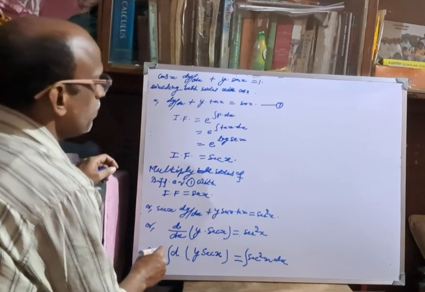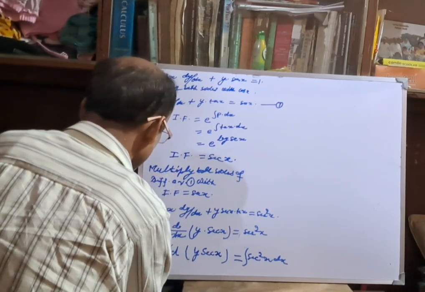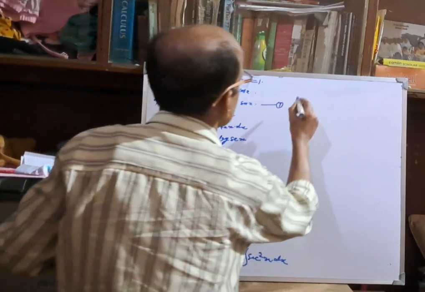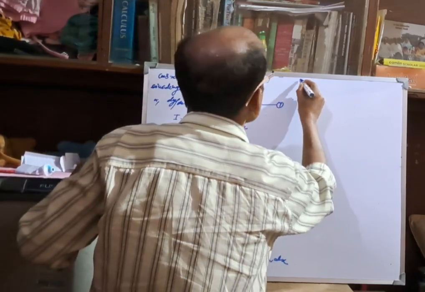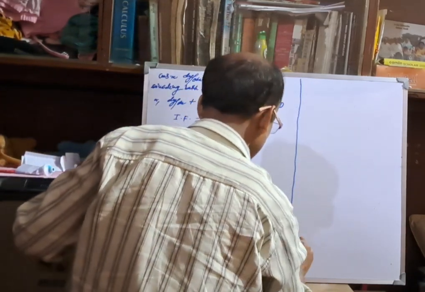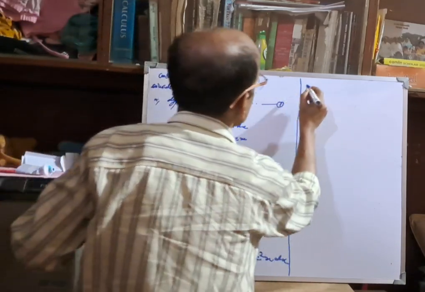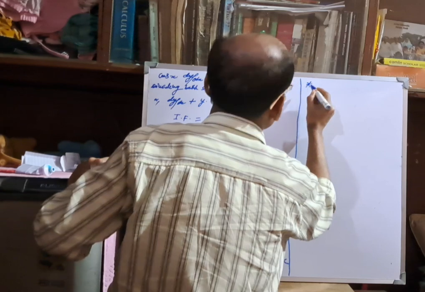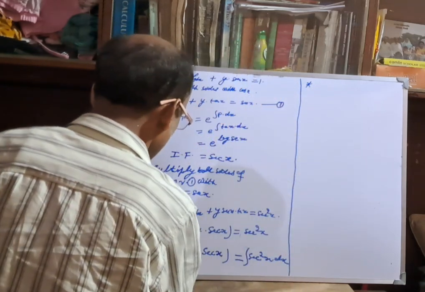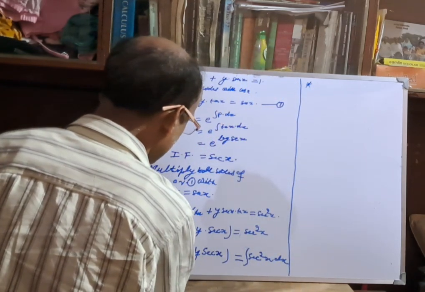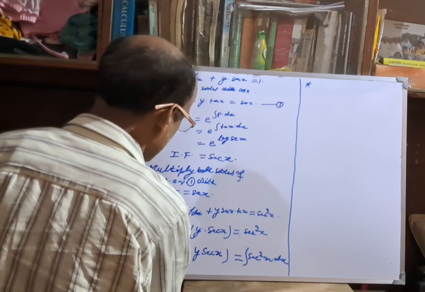So what is left here? You just see here, d and integration are inverse to each other.